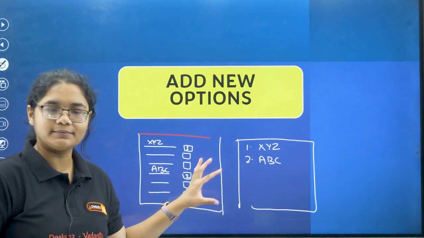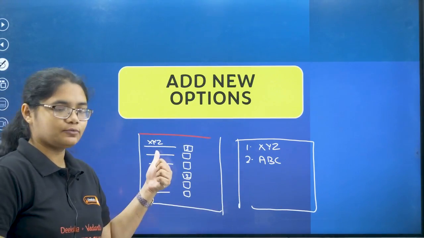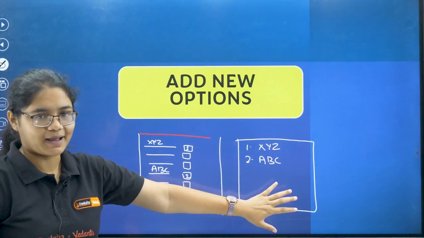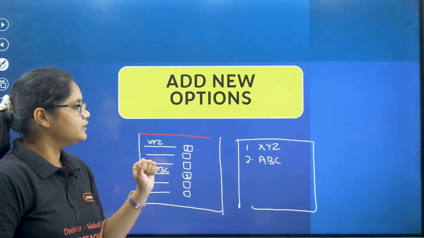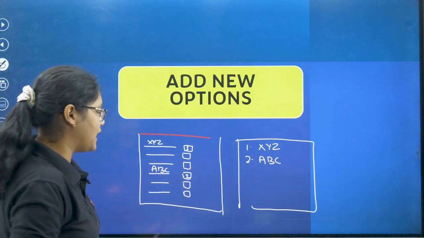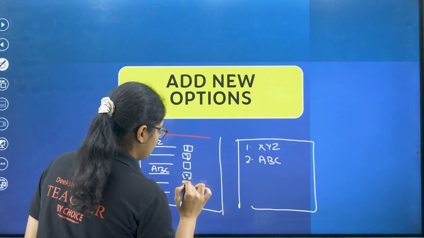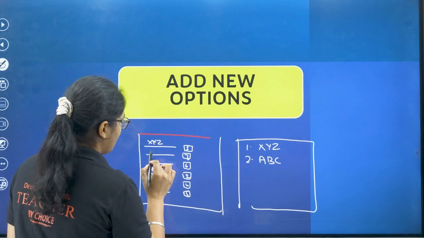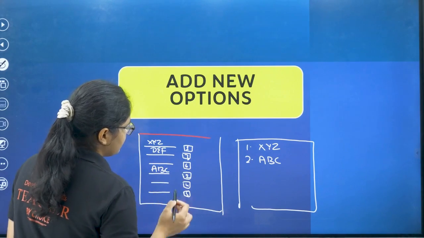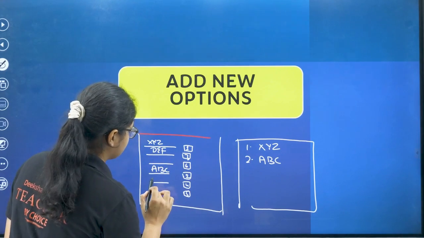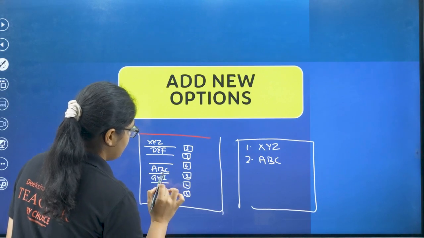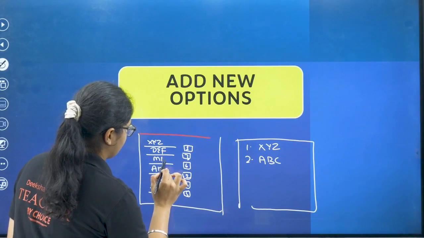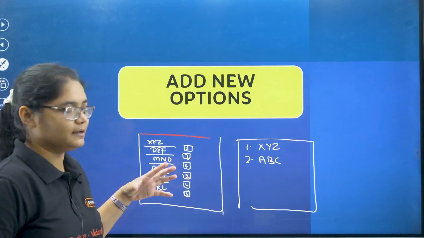We have two columns like this, and whatever changes you make on the left panel will be visible on the right panel. I hope this is clear. Now suppose I have already added options 3, 4, 5 and 6. So let 3 be D, E, F, the fourth G, H, I, the fifth J, K, L, and then I have M, N and O. I'm just taking random examples.